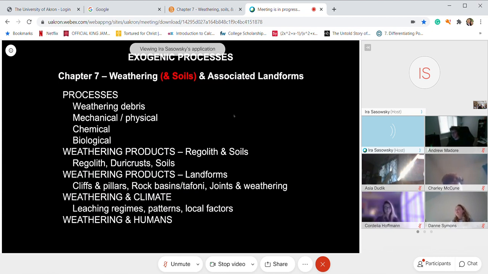And so let's think about first what these weathering processes are and what is the outcome from them. Let's start with the outcome, which is weathering debris, and those are things that come from the weathering process when it's applied to rocks and minerals.